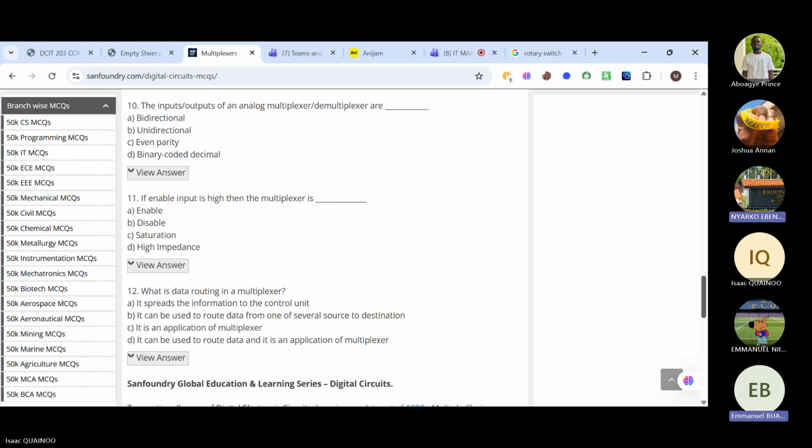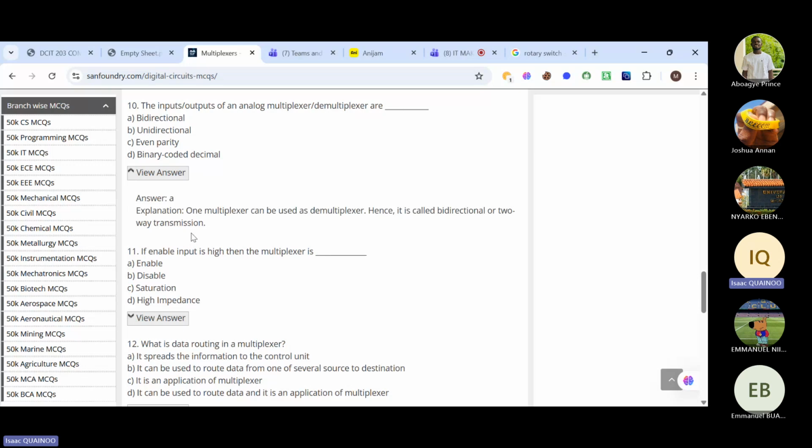D. Binary coded decimal. Okay, so we are going for D, right? Let's look at the correct answer.